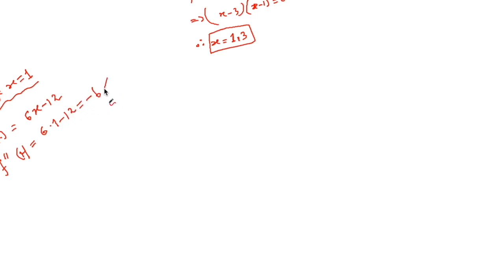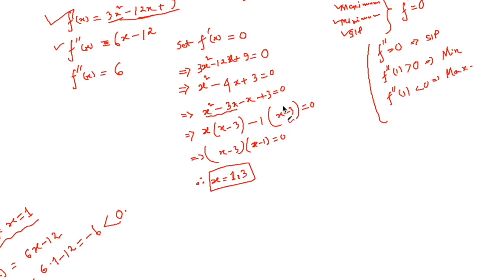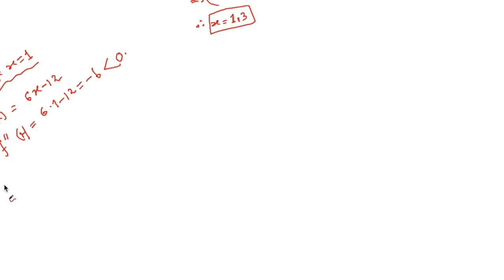Minus 6 is a negative quantity, less than 0. So since second derivative at 1 is negative, therefore there is a maximum point or minimum point. How you think? So there is a maximum point.